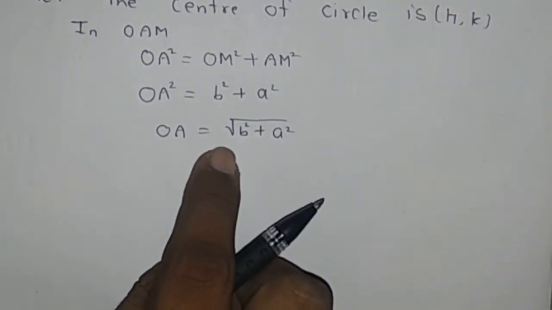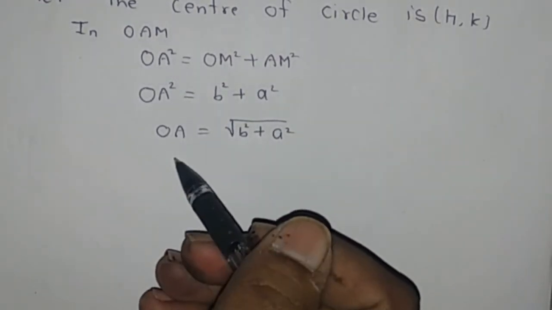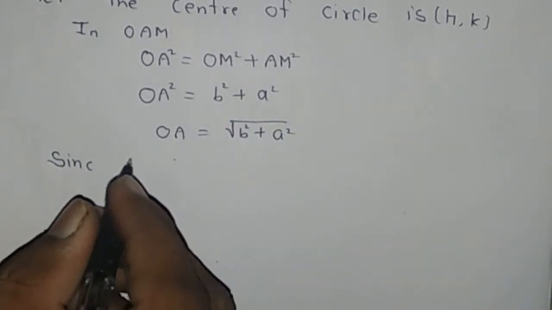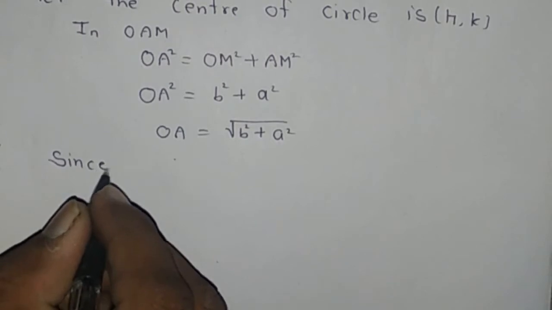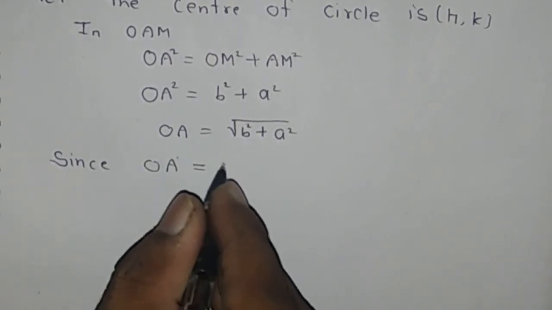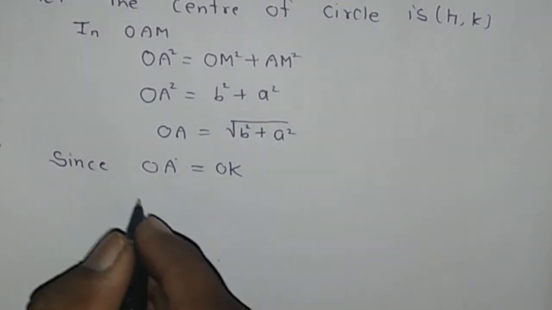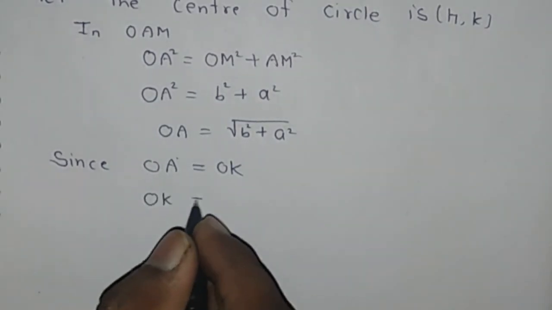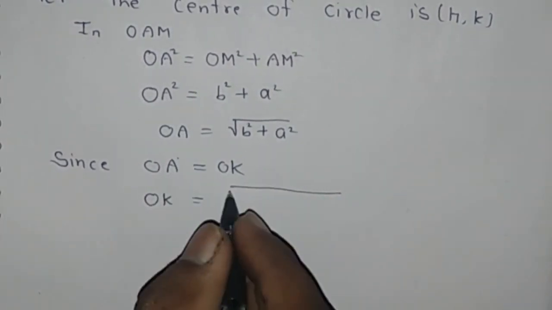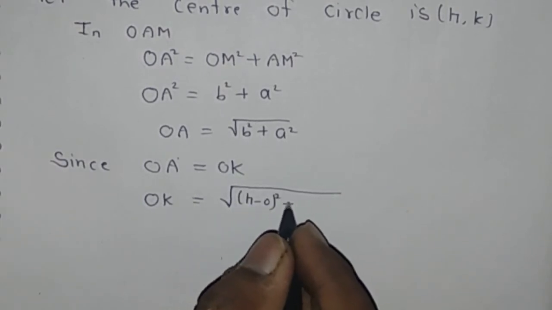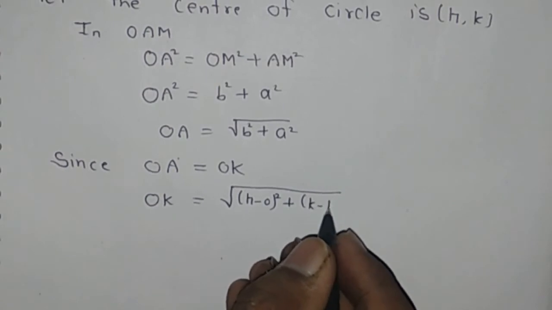Now OA is radius, then it is also equal to O dash K, because O dash K is also radius of circle. O dash K is the distance between 2 points h comma k and 0 comma b, then it is h minus 0 square plus k minus b square.